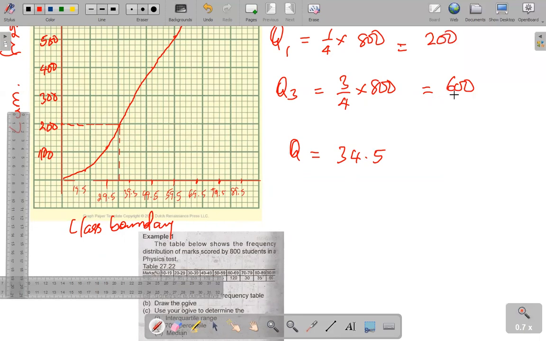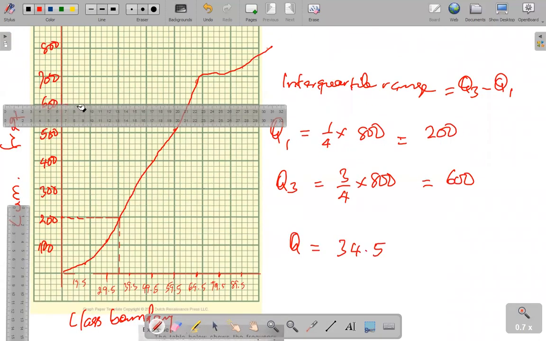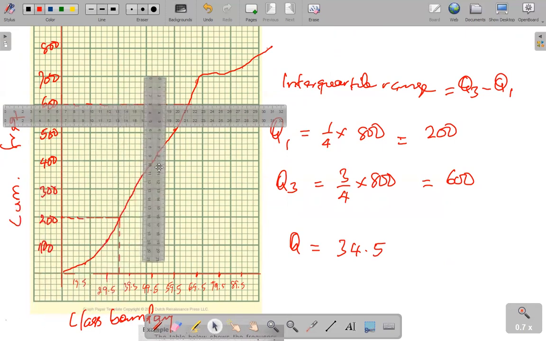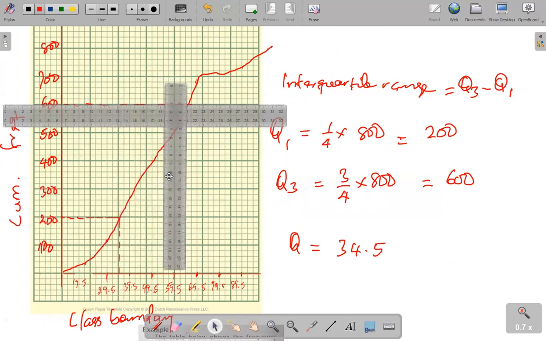My Q3, that is the upper quartile. Again, I will place my ruler at 600 and trace it until I touch the curve. So I touch the curve at that point. Now with the ruler placed vertically, I'll trace that very point to the x-axis.